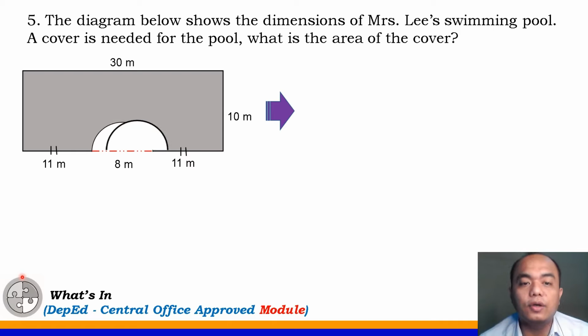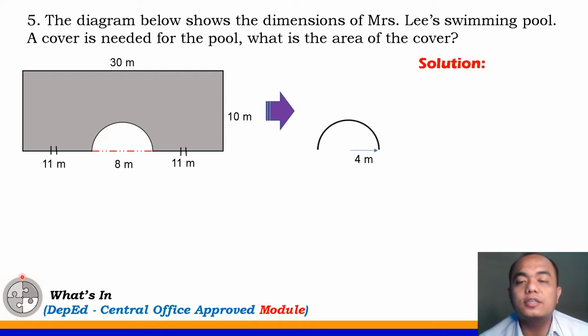So, we're now ready to solve the area of our semicircle. Buuin na muna natin yung semicircle para mas madaling isolve ang kanyang area. So, anong gagamitin natin? Yes, the radius, di ba? Or ano ang radius ng ating semicircle? Yes, 4 meters.